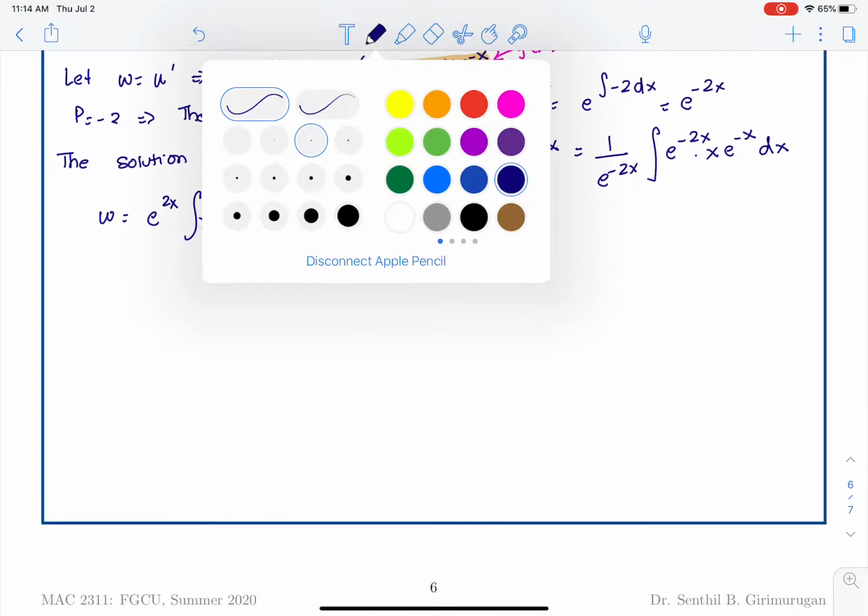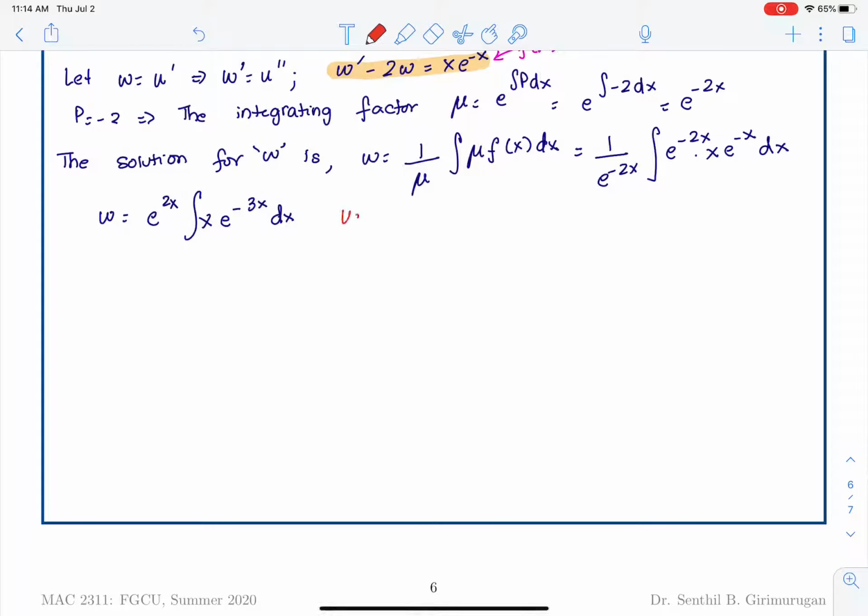We could use integration by parts. If I set u as x, dv as e raised minus 3x dx, that would imply du is dx, and v is negative 1 over 3 e raised minus 3x.